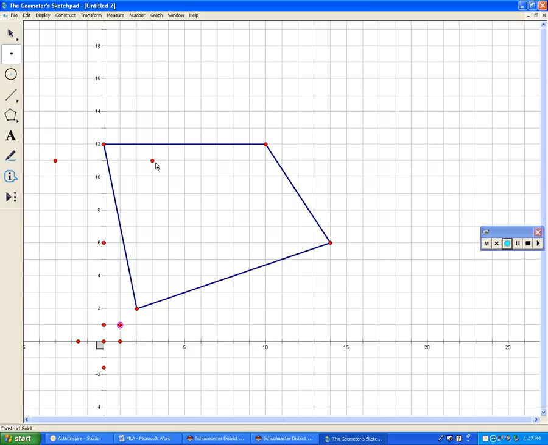This one moves from 10, 12 to 5, 6. And this one goes from 14, 6 to what? 7, 3. You guys understand where she's getting those numbers from? Yeah? Okay, so that gives me this new shape right here.